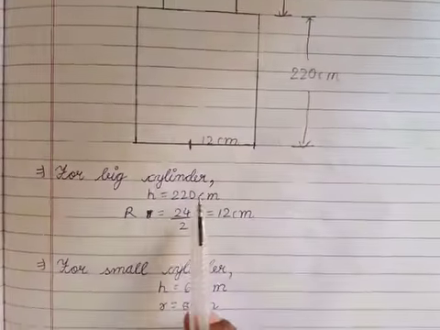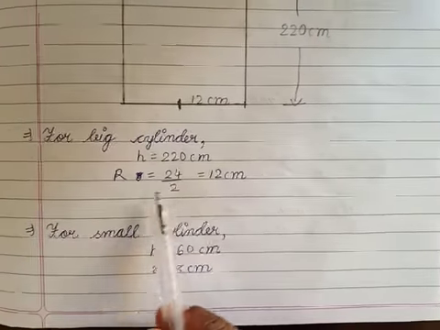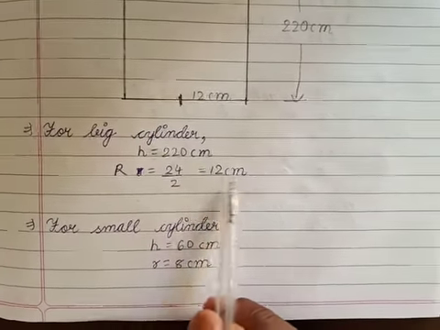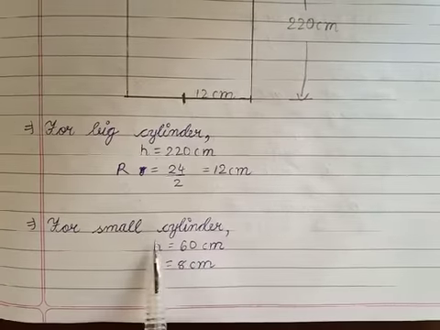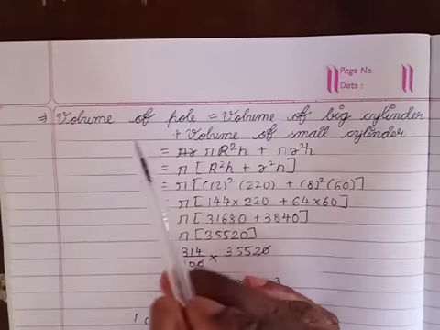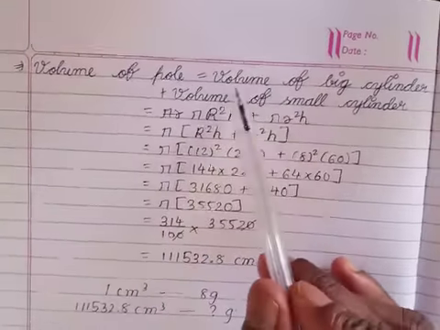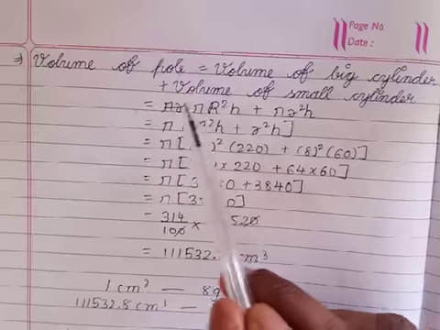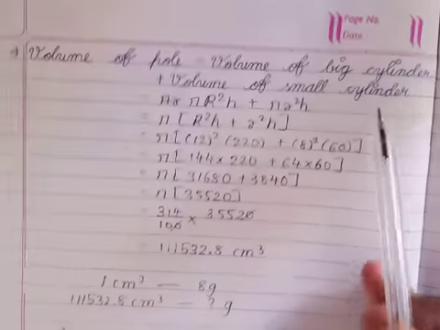So for the big cylinder, H is equal to 220 centimeter, R is equal to 24/2, that is 12 centimeter. For the small cylinder, h is equal to 60 centimeter, r is equal to 8 centimeter. The volume of the pole is equal to the volume of the big cylinder plus the volume of the small cylinder.